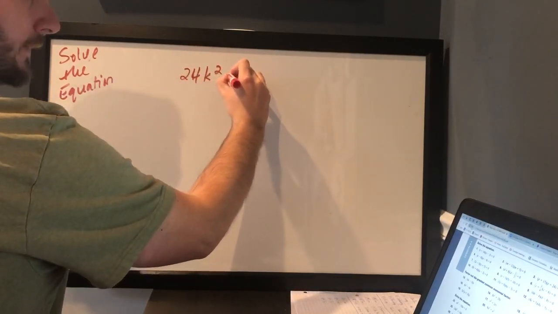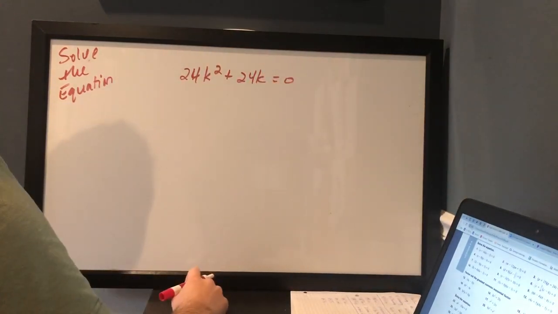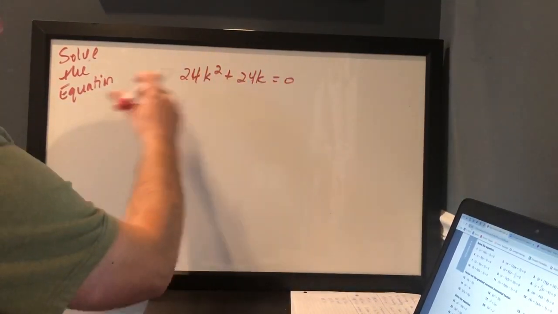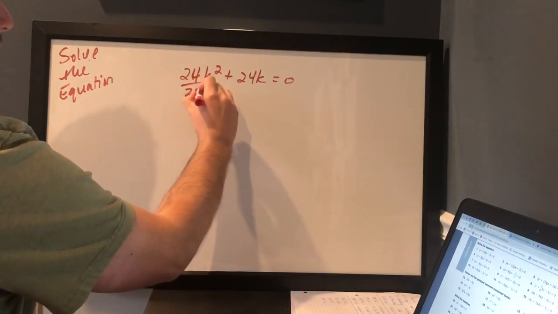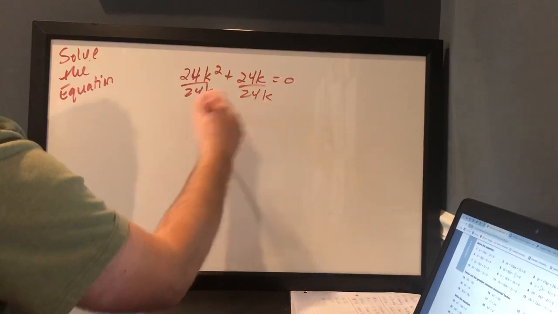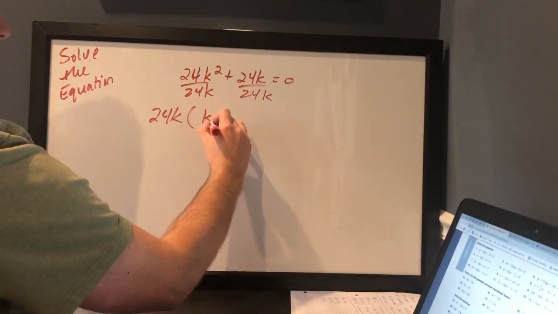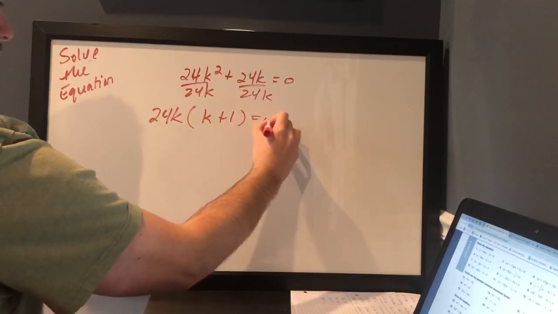24k squared plus 24k equals 0. First thing we're going to do is look for that greatest common monomial factor that we can pull out. We can take out a 24. We can also take out a k. So 24k, and this is going to end up being k plus 1 equals 0.